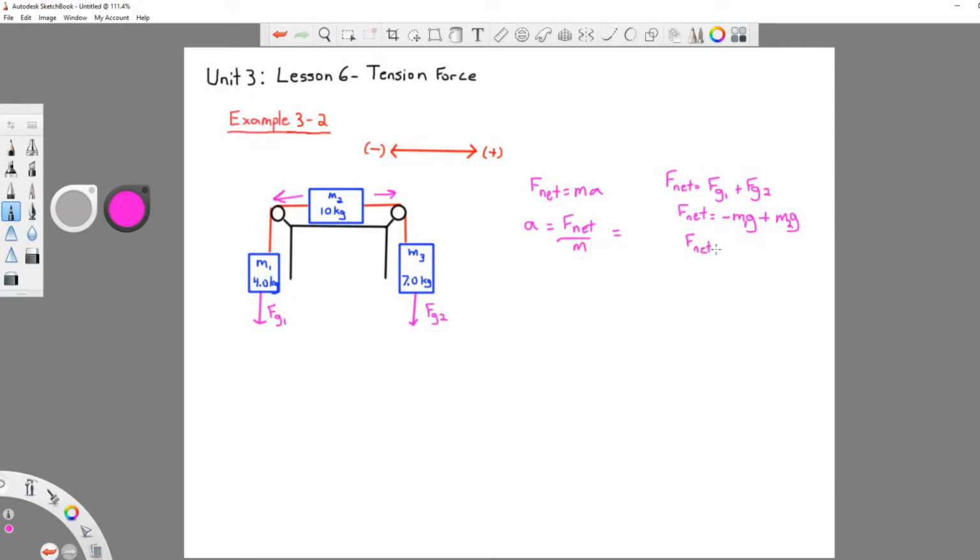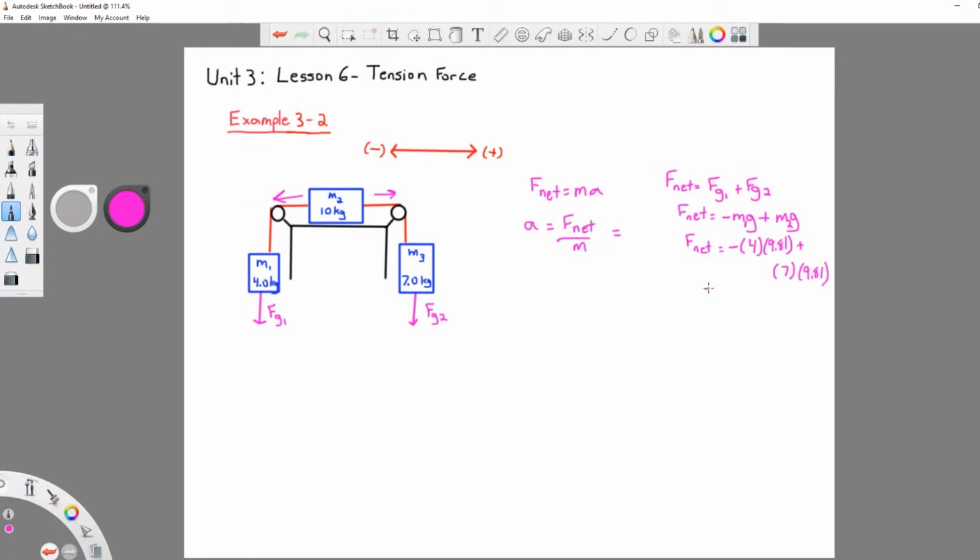FNet is equal to negative 4 times 9.81 plus, I'll just drop it down to the next line, 7 times 9.81.